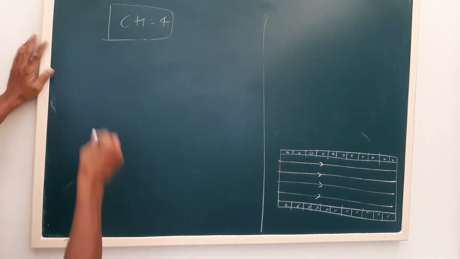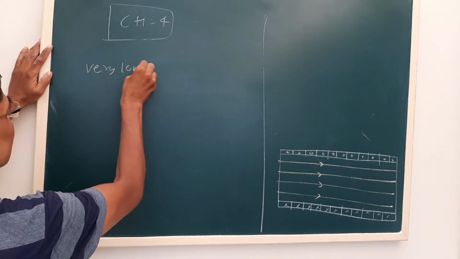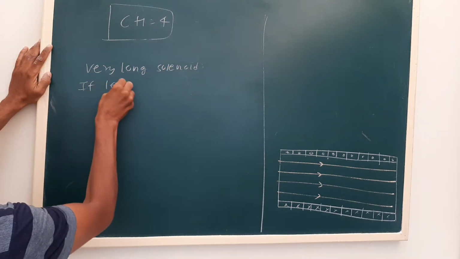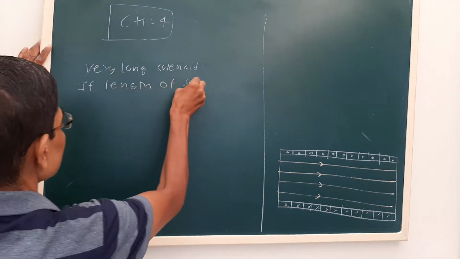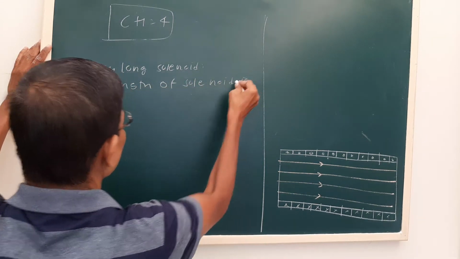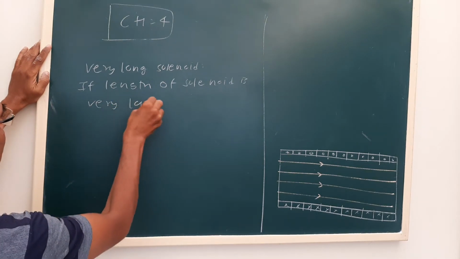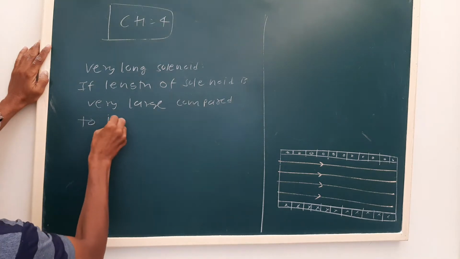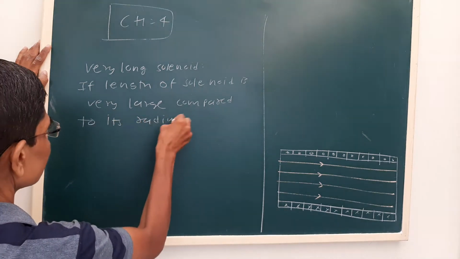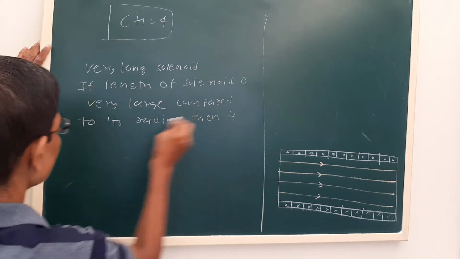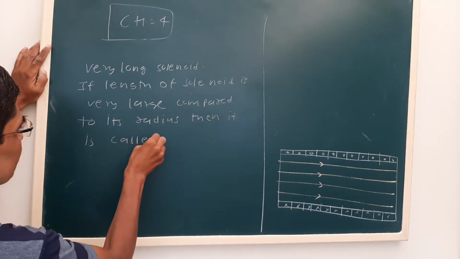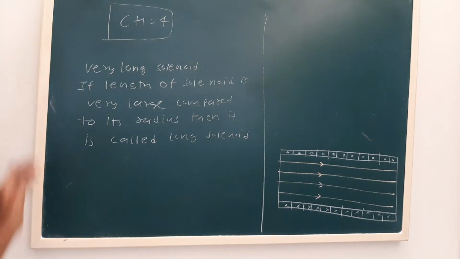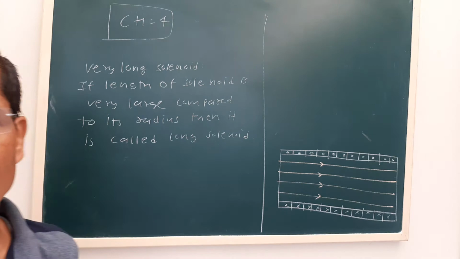Now see what a very long solenoid is. If the length of the solenoid is very large compared to its radius, then it is called a long solenoid.